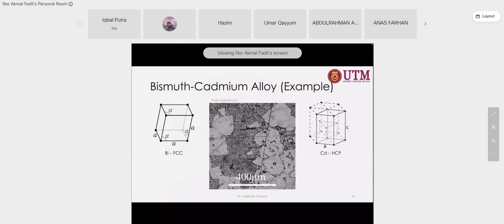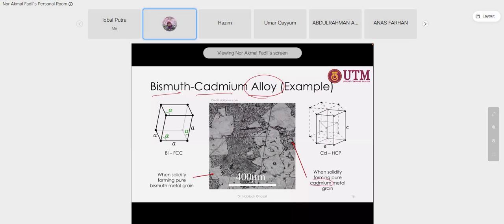So for example, this is a real alloy that we produce. It is bismuth and cadmium. This dark structure is still pure cadmium, and the lighter structure is still pure bismuth.